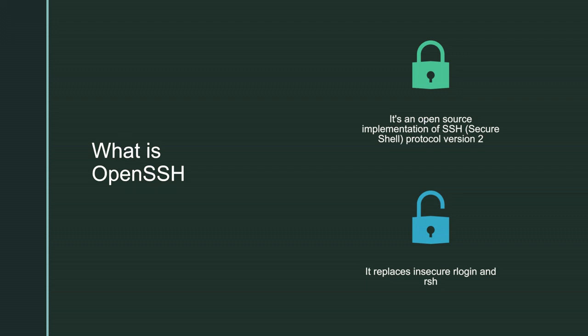There is another version, OpenSSH version 1, which is not used right now because it is insecure, and in order to replace that and build a secure version of OpenSSH, OpenSSH version 2 is implemented right now.